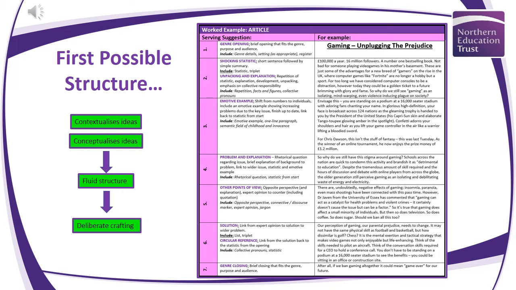It then opens up with a shocking statistic, and in that shocking statistic, it's then unpacked and it's explained. Other potential areas of DAFOREST that can be included are a triplet, repetition, facts, figures, collective pronouns for direct address and so forth.